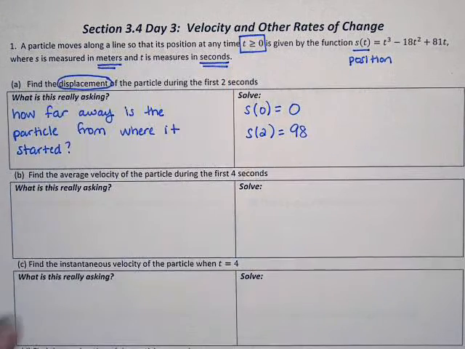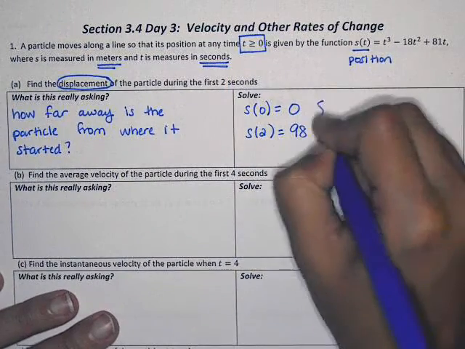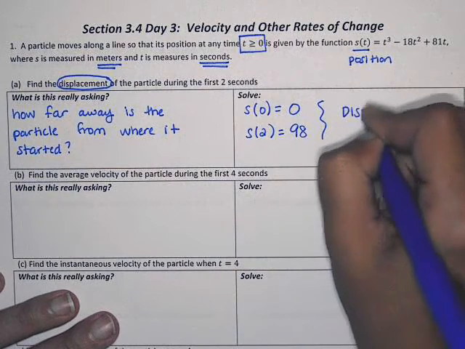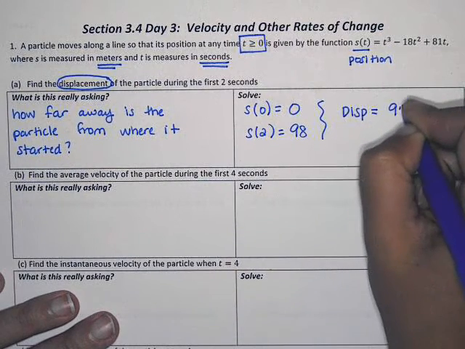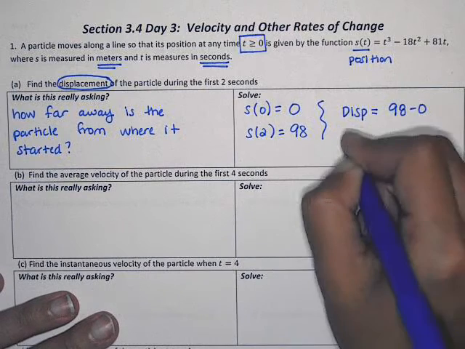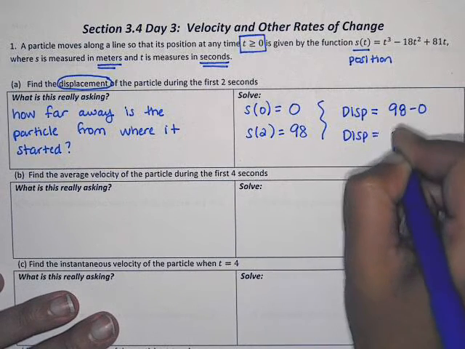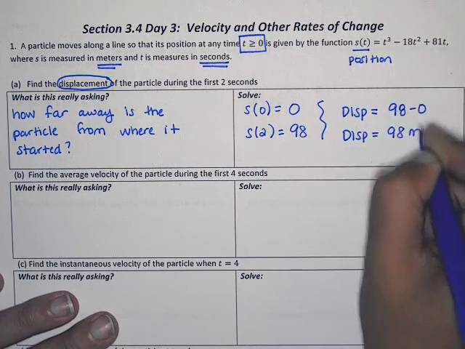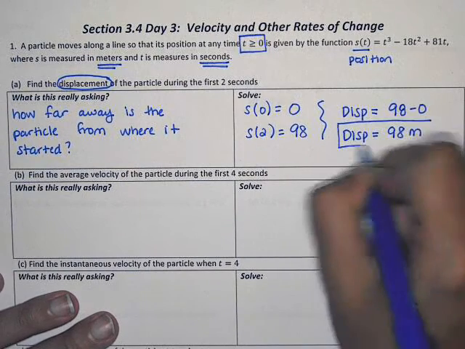Now, to figure out my displacement, I would say that my displacement is 98 minus 0, which is 98 meters, because I'm measuring how far I've traveled.